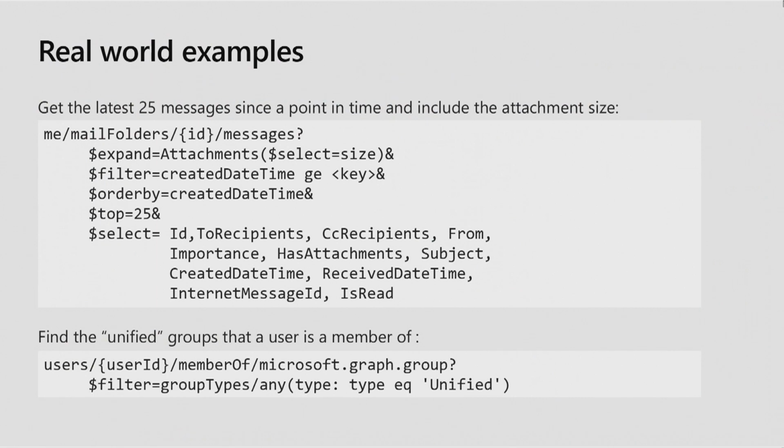And then we further refine it by saying in those groups, look at the group type property, which is actually an array. So we have to use the any operator to filter to group types that include the unified keyword as one of the values in that array. So that's a more sophisticated way of filtering down the list of information so you just retrieve what it is that you need.